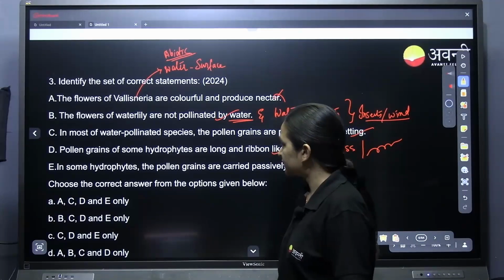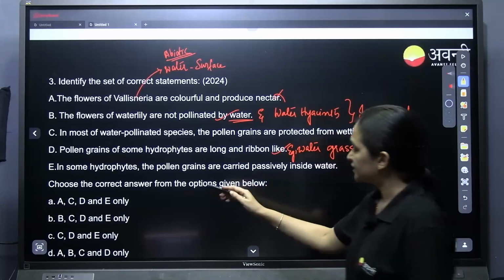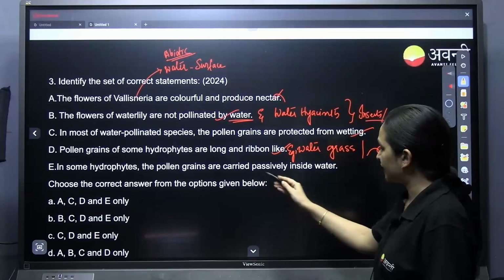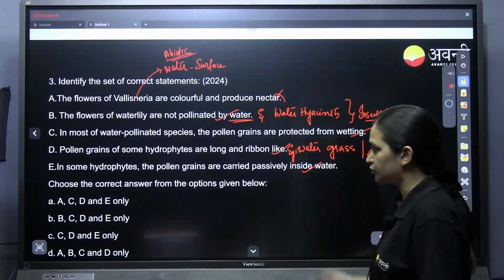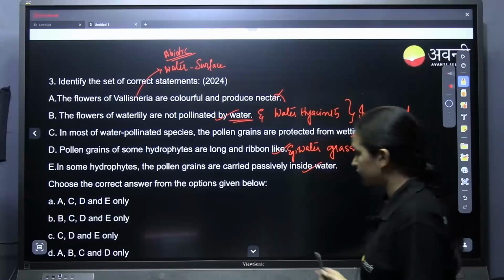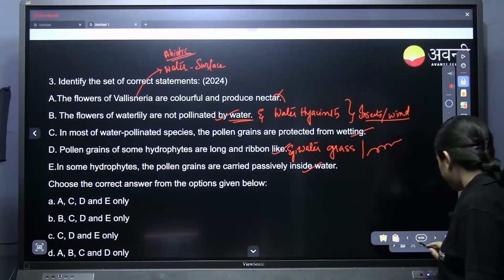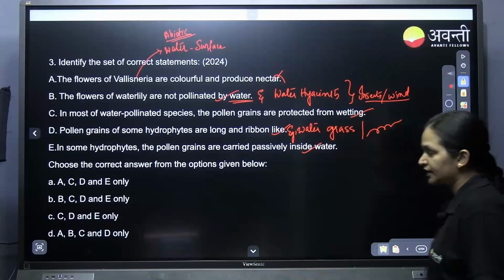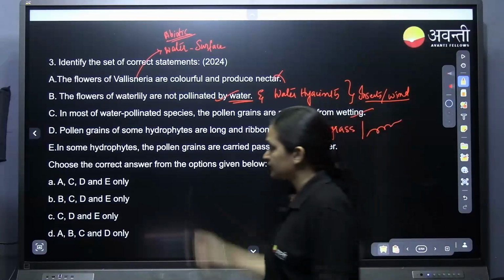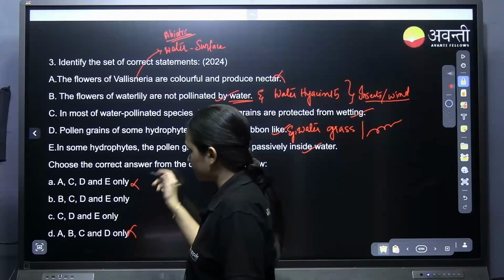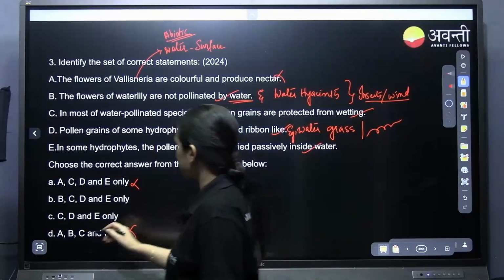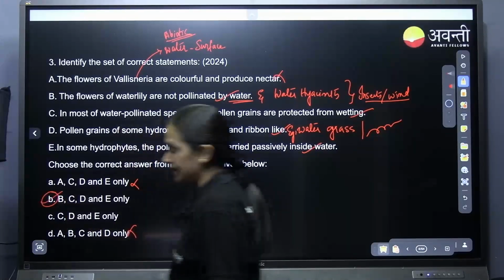In some hydrophytes, the pollen grains are carried passively inside the water. This is also true. So what is the correct answer? A is wrong, B is correct, so B for Bombay is the right answer.